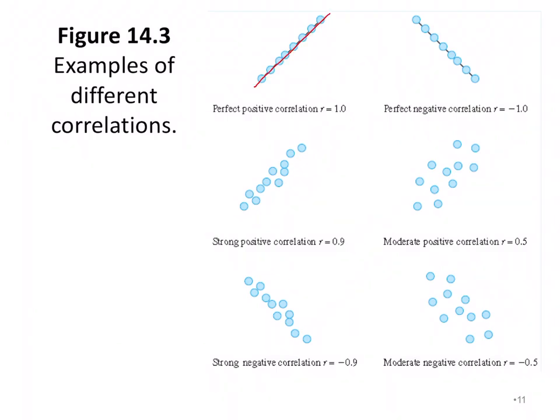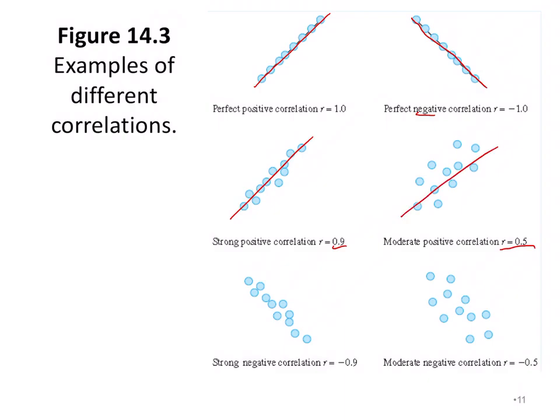So here's an example of this. Here, in the very top picture, we see our line go straight up. This is a perfect positive correlation where R equals 1. Right next to it is a perfect negative correlation, where R equals -1. Here we have our line too, very similar. It's a strong positive correlation where R equals 0.9, and to the right of it is a moderate positive correlation where R equals 0.5.